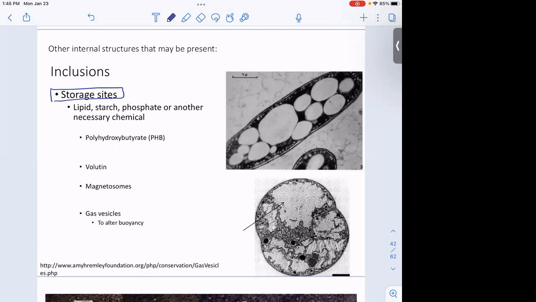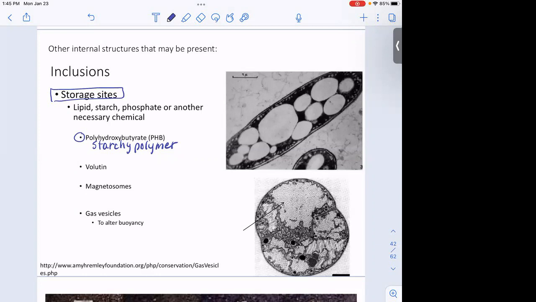My favorite one is called polyhydroxybutyrate, or PHB. We'll call it a starchy polymer that some bacteria can be manipulated to store a whole bunch of.